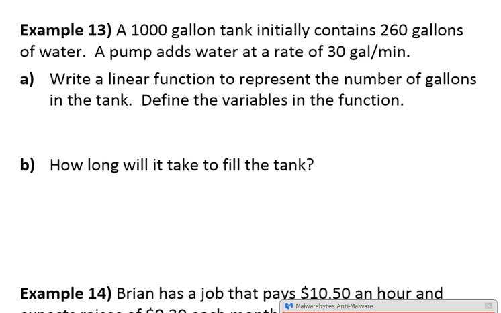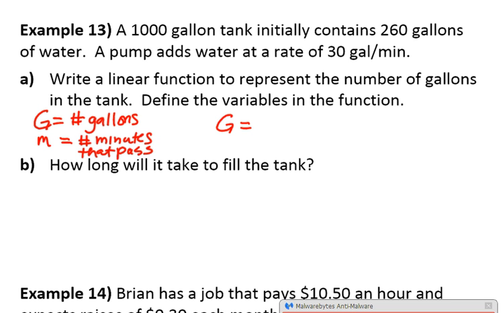So we'll let G be equal to the number of gallons in the tank, and then we'll let M be equal to the number of minutes that have passed. All right, so the number of gallons in the tank, how many are there to begin with?